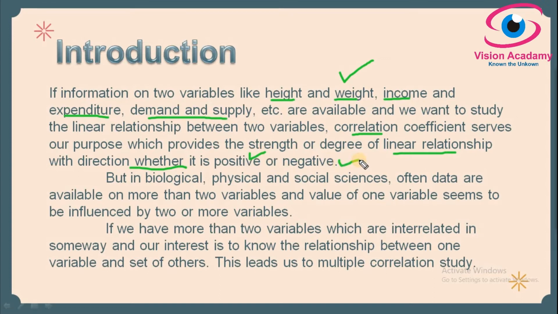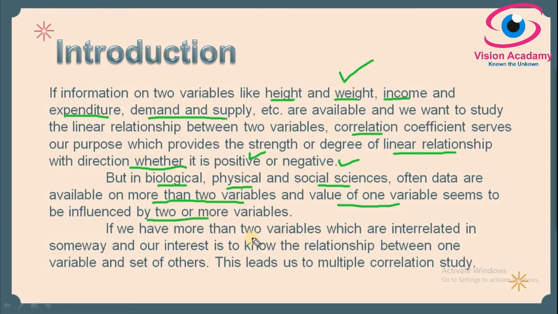We check about that. But we need to consider some situations, applicable in biological, physical and social sciences, where we have to deal with more than 2 variables. And very importantly, the value of one variable seems to be influenced by 2 or more variables.